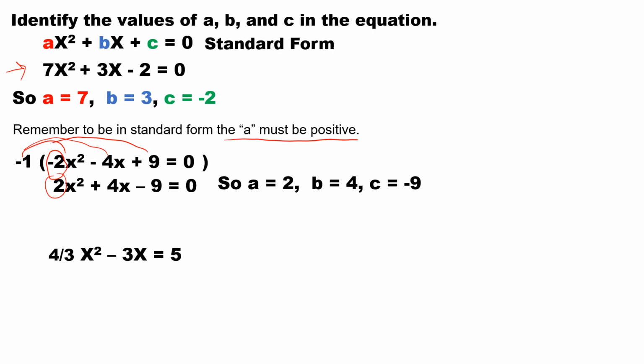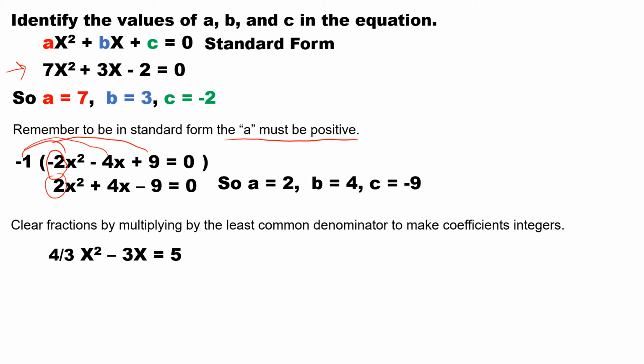Try this equation. What are the values of a, b, and c? On a, if you said it was 4/3, you would be wrong. Because remember, we want to clear fractions by multiplying by the least common denominator to make coefficients integers. If you had a fraction in any one of these, you would want to clear the fraction first.